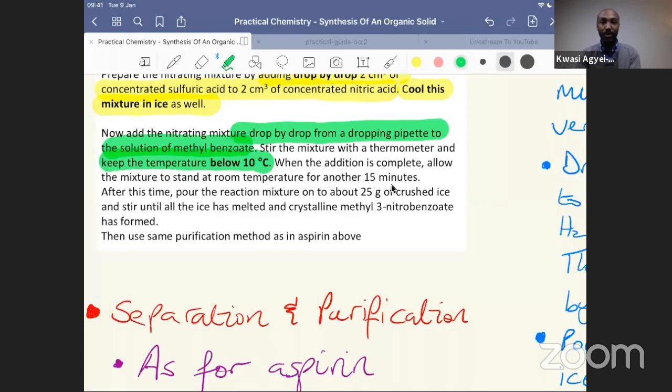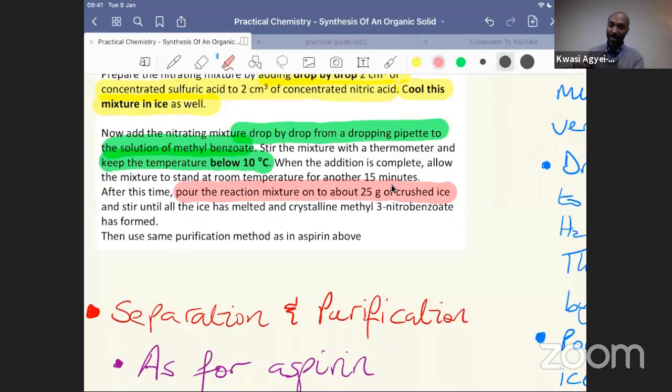At that point, you can then precipitate your solid by pouring the mixture into 25 grams of crushed ice. So we're going to crystallize our crude product by pouring the reaction mixture into crushed ice, allowing all of that ice to melt, and then filtering your crude solid.